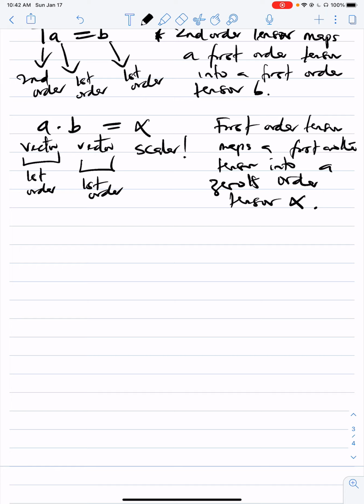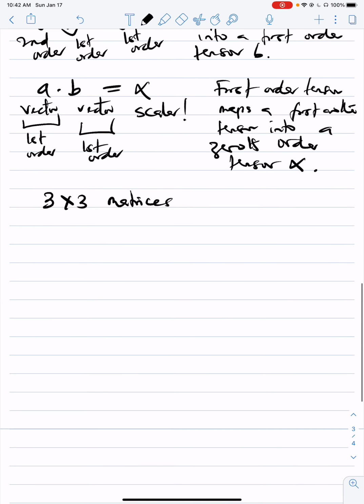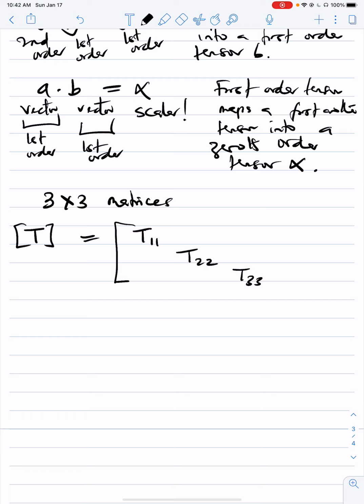For instance, the simplest tensor we can talk of is a 3 by 3 matrix. Let me give an example of that. Let's say we have T equal to T11, T22, T33. Those are the entries on the diagonal.